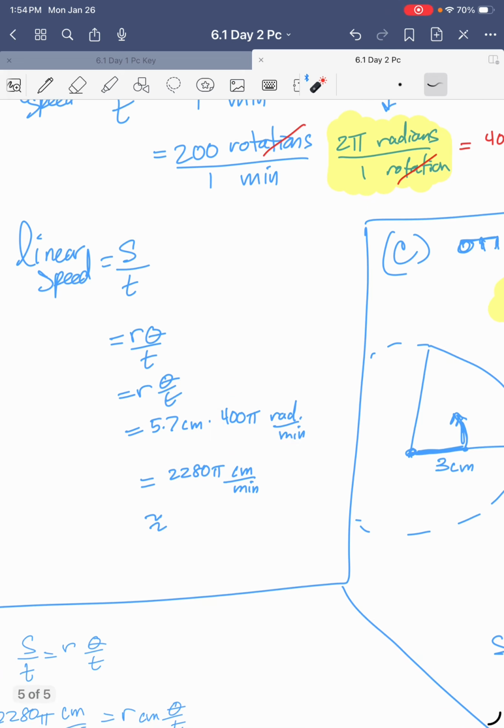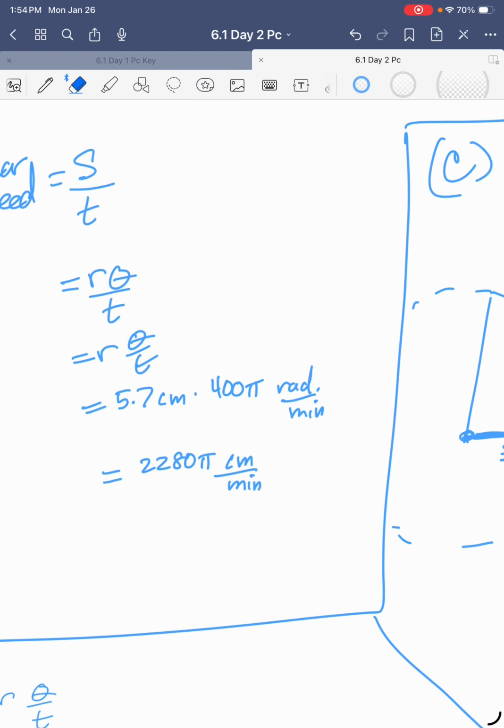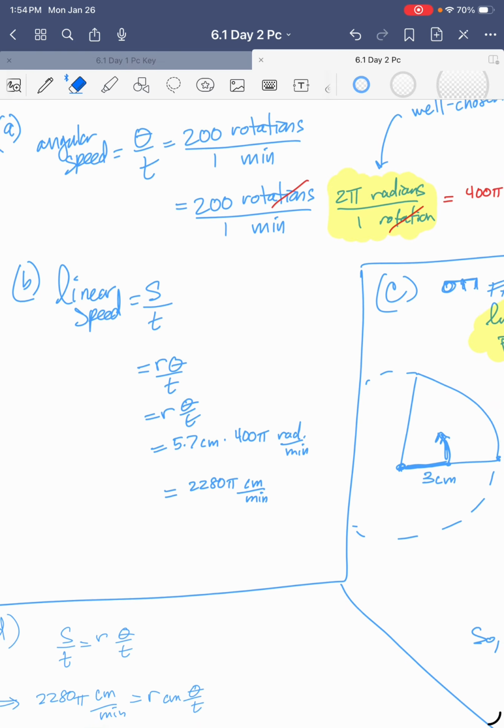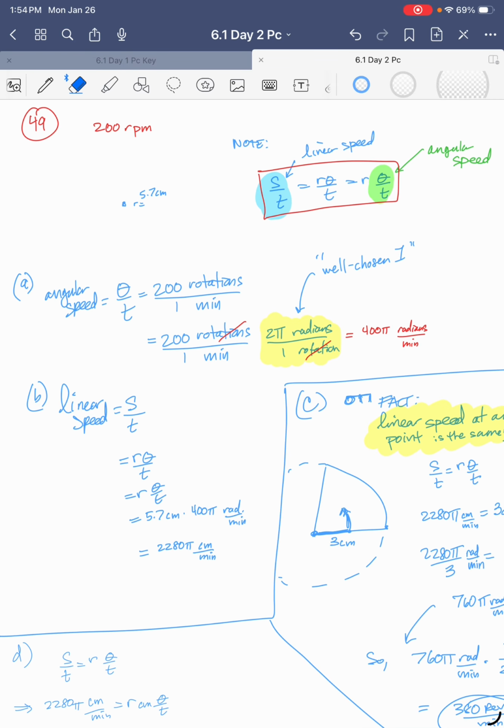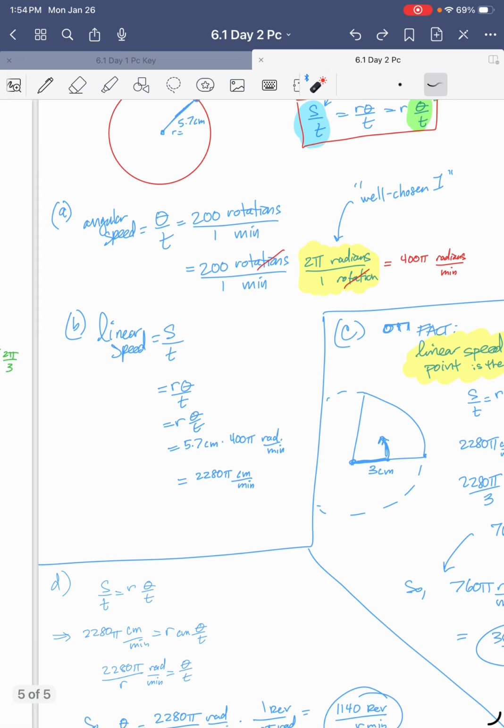So when I multiply it together, notice radians are unitless, so they kind of go away. And I get centimeters over minutes. So this is what my linear speed turns out to be. 2,280 pi centimeters every minute is the linear speed of that dot. Bloop, bloop, that dot right there.